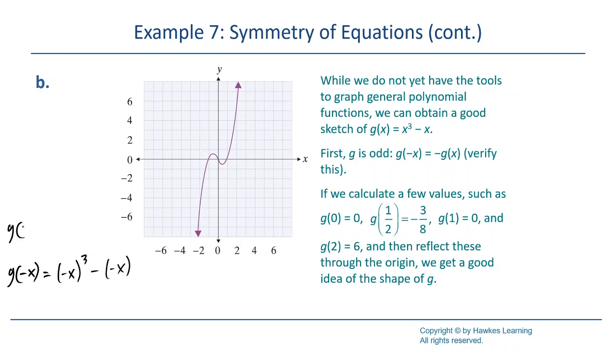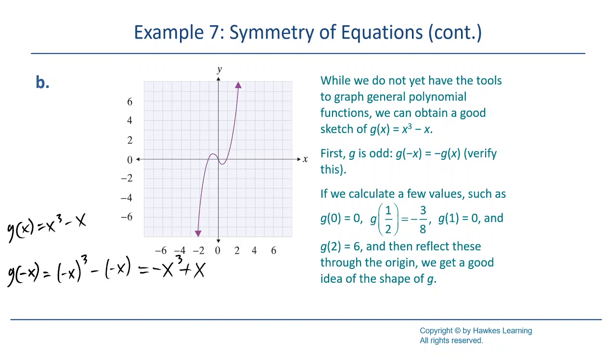And remember, g of x is equal to x cubed minus x. So if I do negative x times negative x, that's positive x squared, but then I multiply that by negative x again, I get negative x cubed. And then negative x times negative x, I get positive x.